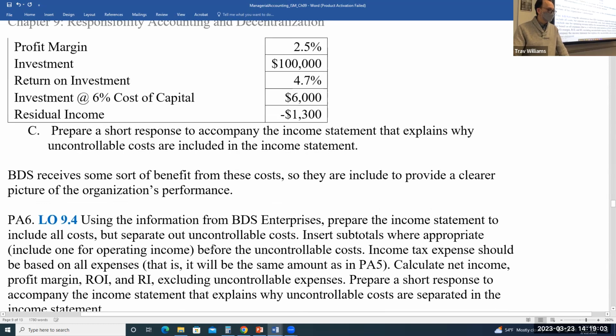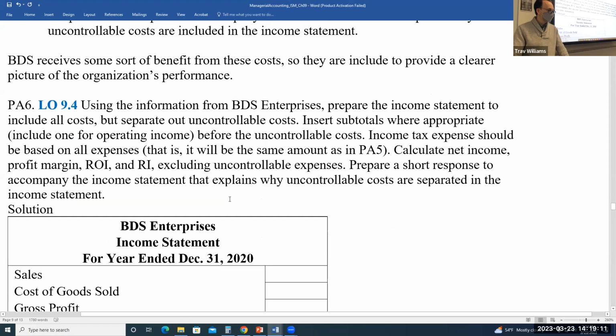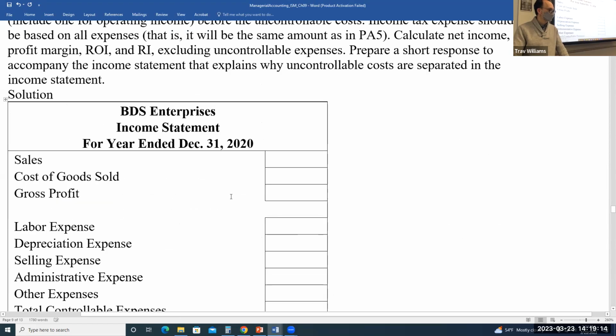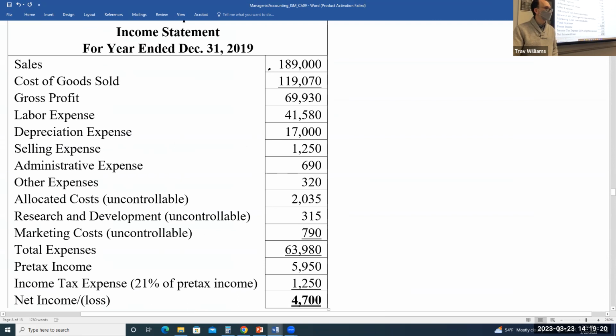Okay, with problem 6, we're actually going to use the same data. This time we're going to separate out the uncontrollable costs and see what it all looks like. So a lot of this we can copy and paste. Sales, cost of goods sold, and profit are going to be exactly the same. So I'll copy those down.